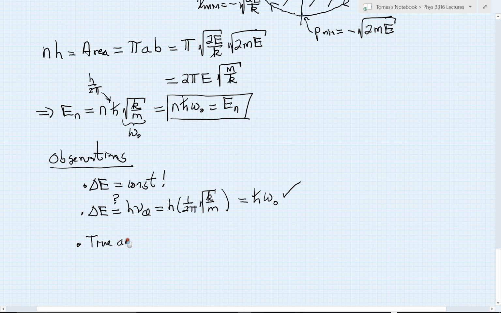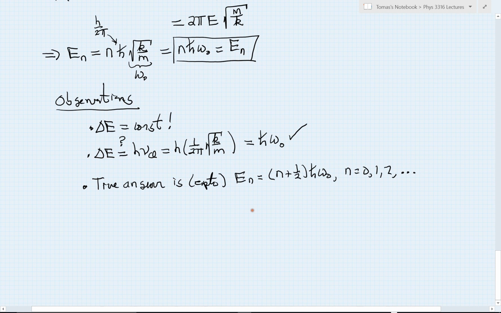The true answer is, and you can get this from experiments if you want, that E_n is equal to not n, but n plus a half times h bar omega, where in this case n can start at 0 and then be 1, 2, etc. So really, instead of getting the positive integers 1, 2, 3 times h bar omega, I get like the halvesies, right? It starts at 1/2 and then 1.5 and 2.5. So it's 1/2, 3 halves, 5 halves. Not quite what we had predicted.